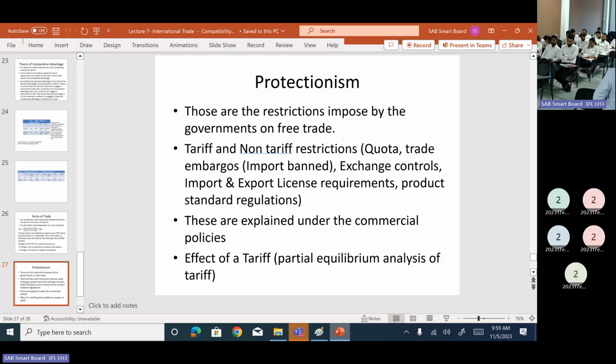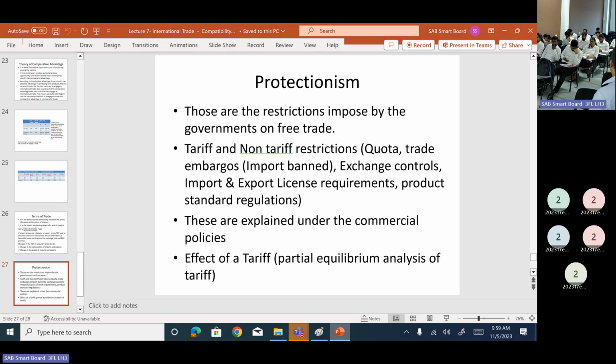That's why we highlight protectionism. Basically, protectionism means protecting the domestic industry. The government or countries impose certain restrictions on international trade, so we cannot see free imports and exports between the nations, but with some restrictions.